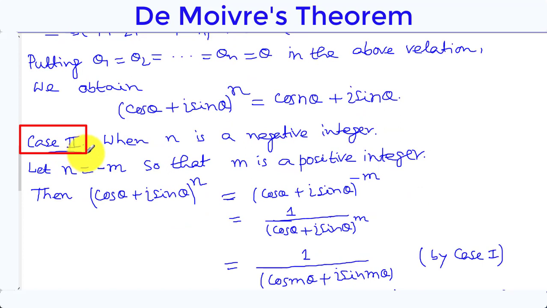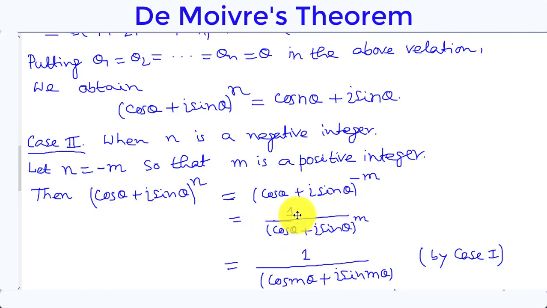Case 2. When n is a negative integer, let n is equal to minus m, so that m is a positive integer. Then (cos theta plus i sin theta) whole raised to the power n is equal to (cos theta plus i sin theta) whole raised to the power minus m, as n is equal to minus m.